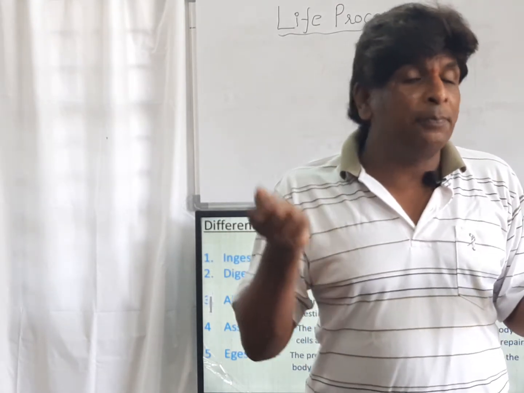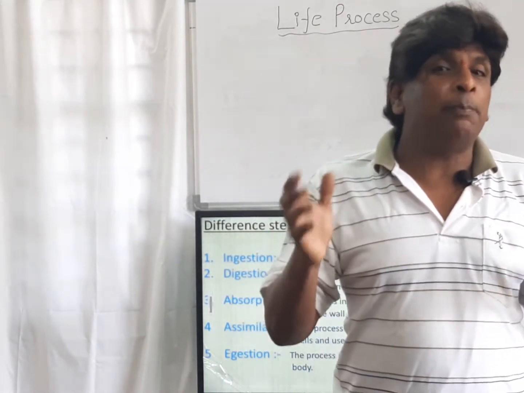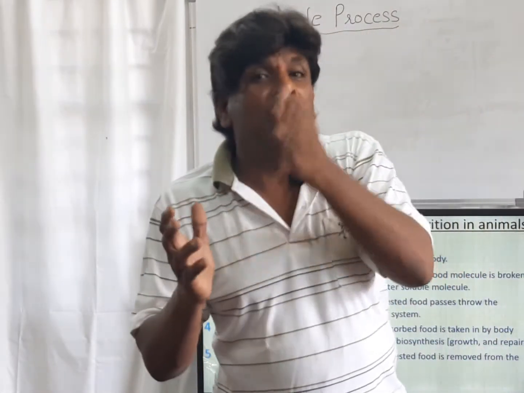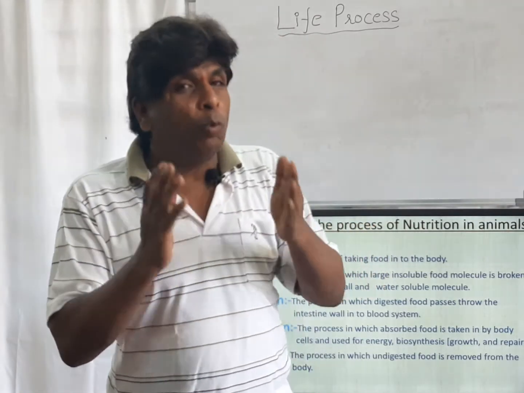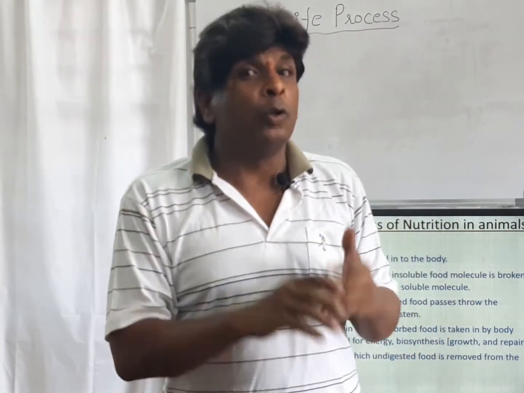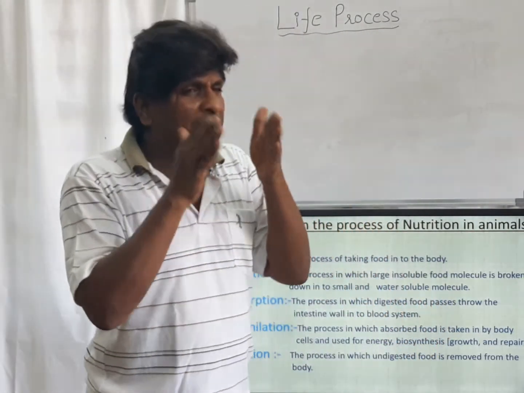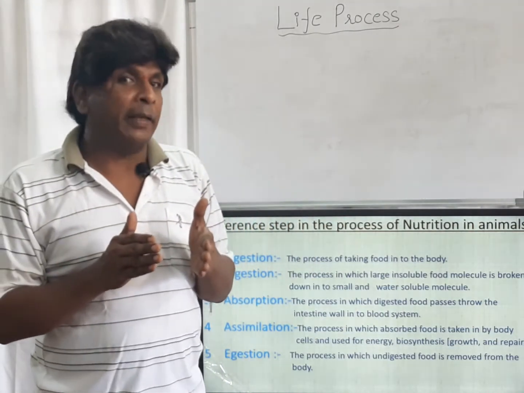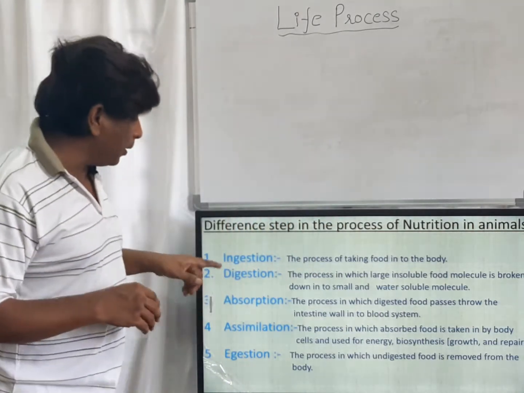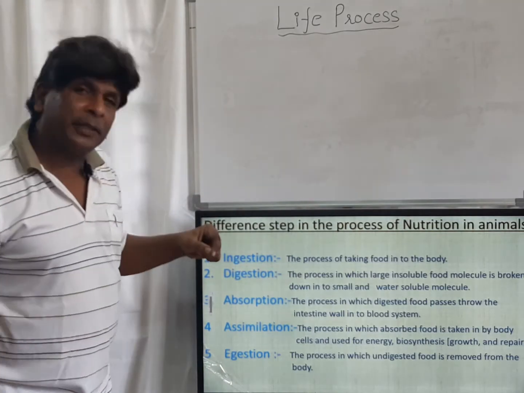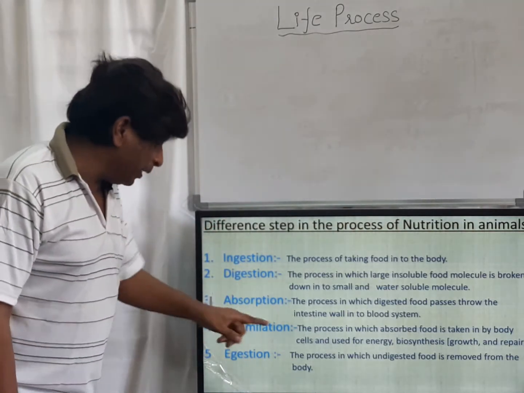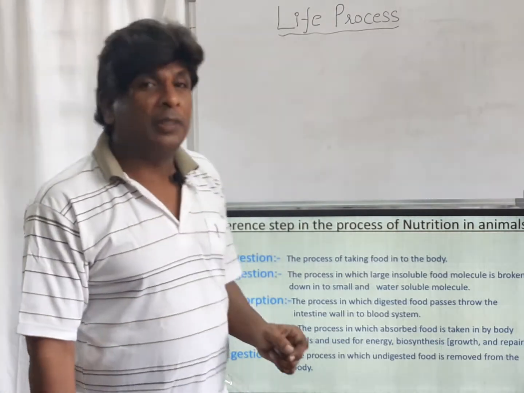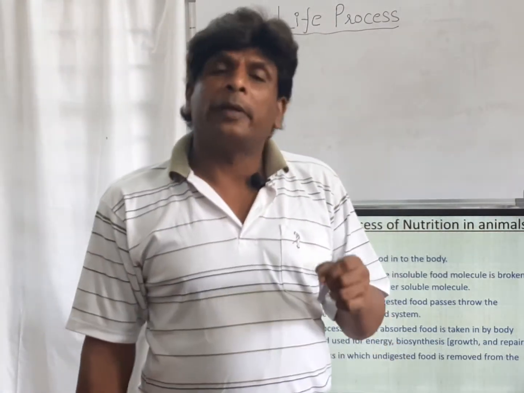So we convert the food into that type of mode of nutrition in animals. For that, systematic steps are there in animals. Those steps are: first ingestion, second digestion, then absorption, assimilation and egestion. These are the steps in animals.